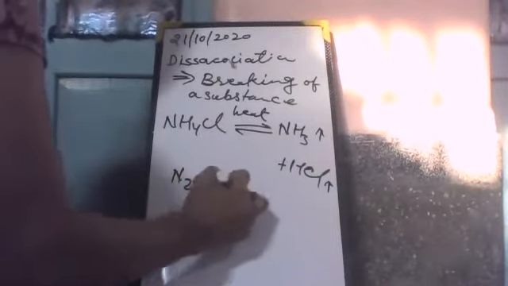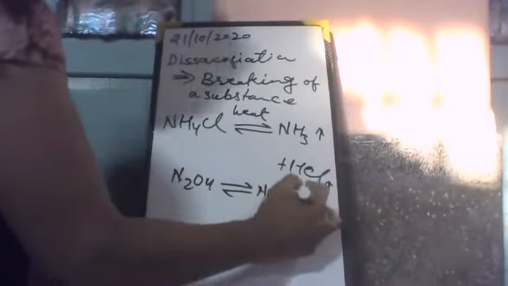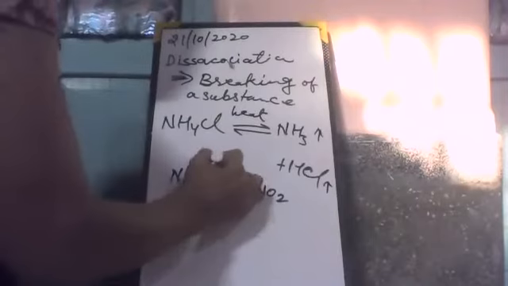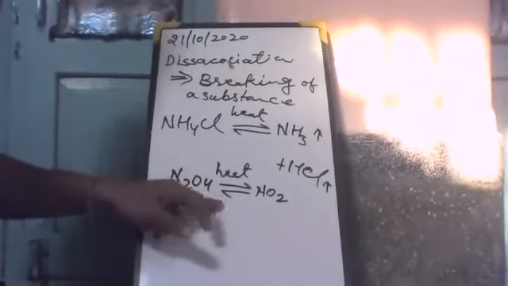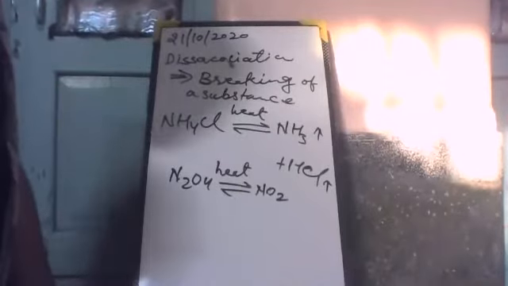On heating, nitrogen tetraoxide is changed into nitrogen dioxide. This is also a dissociation reaction, and it takes place in the presence of heat. We require heat for this reaction. A reddish brown gas is evolved in this reaction.